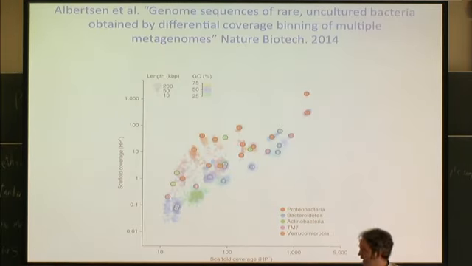This lovely picture from Albertson's paper basically shows how in essence this works. So they've got these two samples that actually corresponded to different DNA extraction techniques. Different DNA extraction techniques will bias different species, and then they've plotted the coverage under one extraction technique versus the coverage under the other, and they've coloured their clusters by some taxonomic assignments.